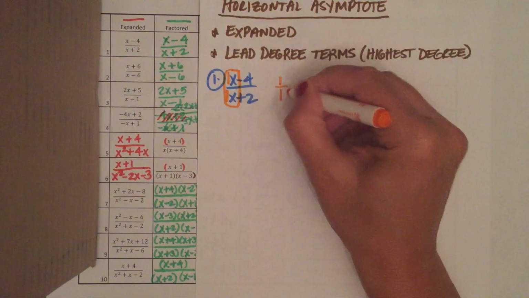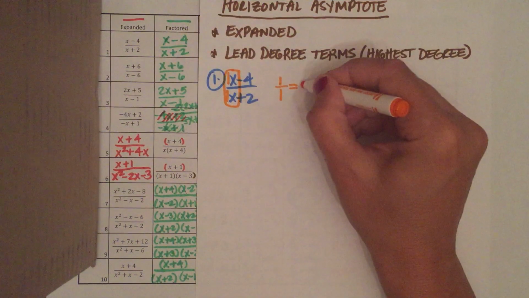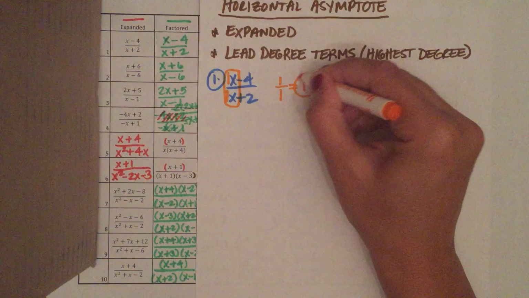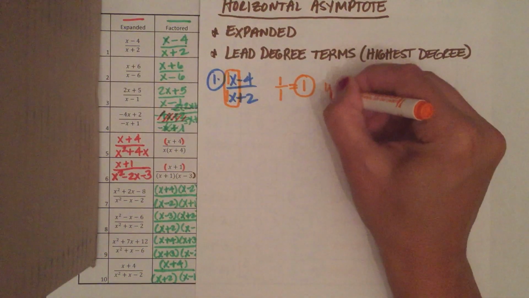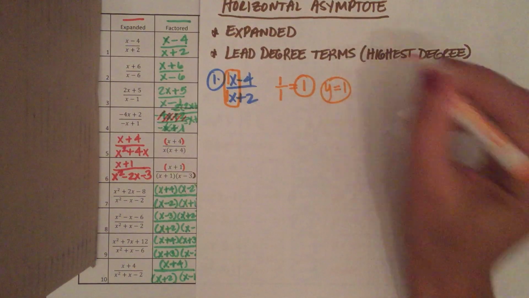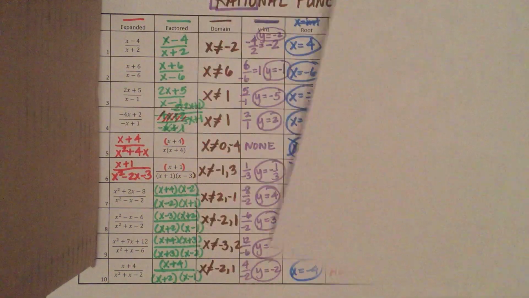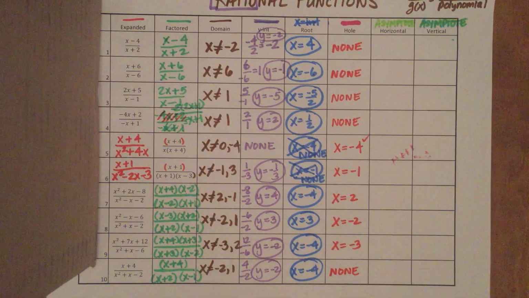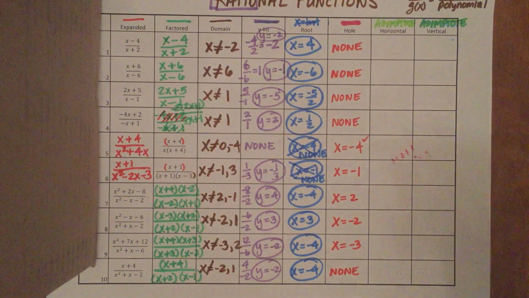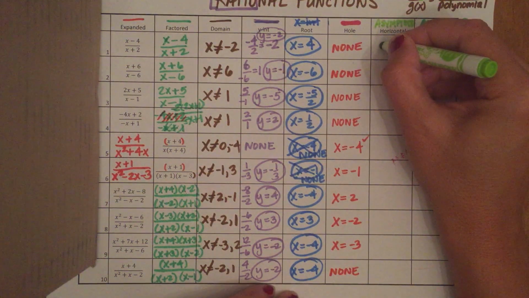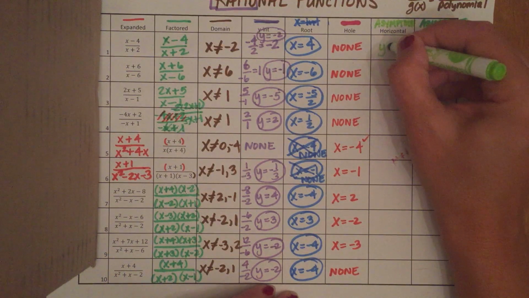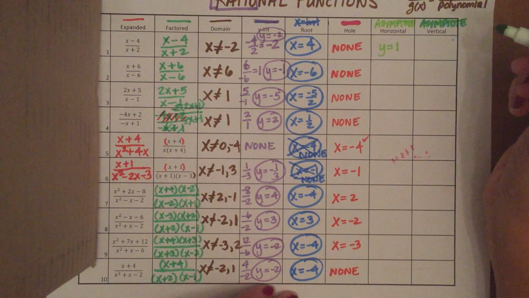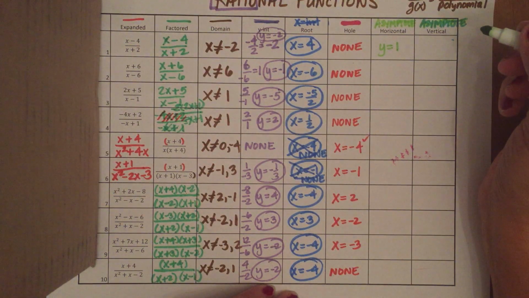So I'm going to do 1 over 1, and that gives me 1. That's my horizontal asymptote at y equals 1. I'm going to write it down: my horizontal asymptote here is going to be at y equals 1.